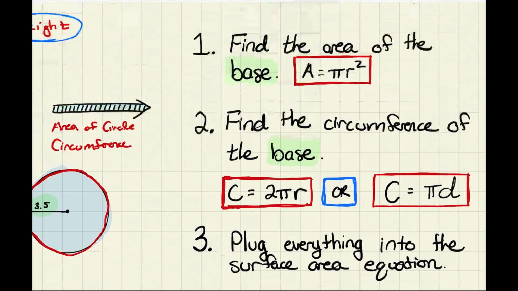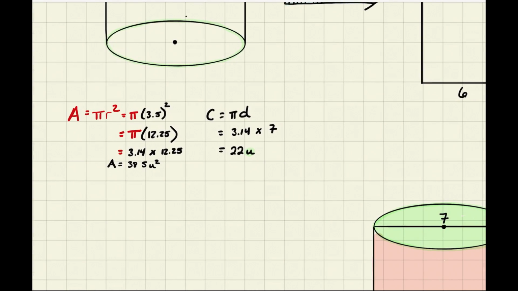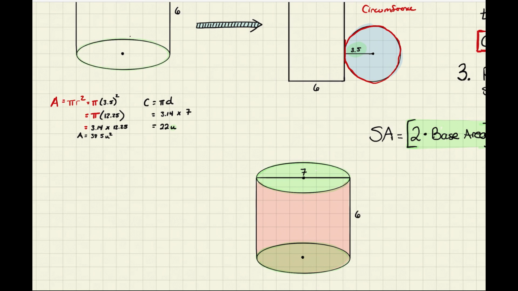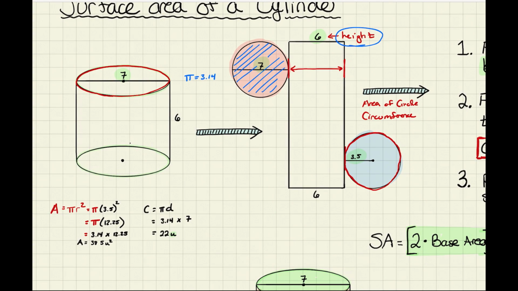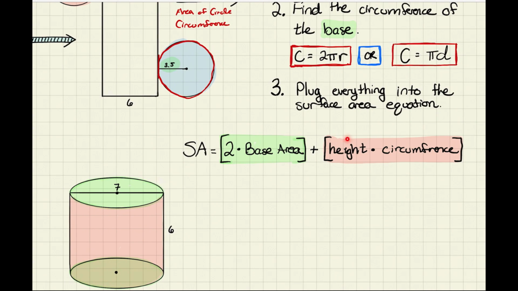What's nice about this is if you follow this, you've got everything, right? You're just going to be plugging in a bunch of numbers. So I've got over here area, circumference, height, and this number 2. So let's plug everything in.